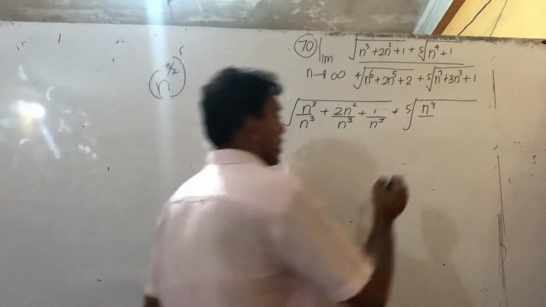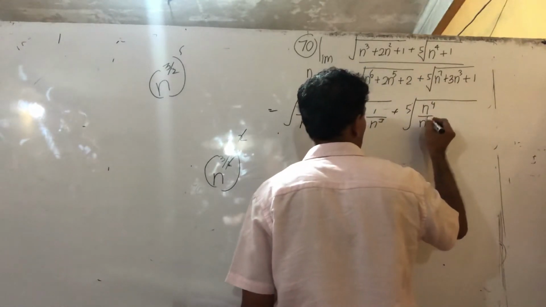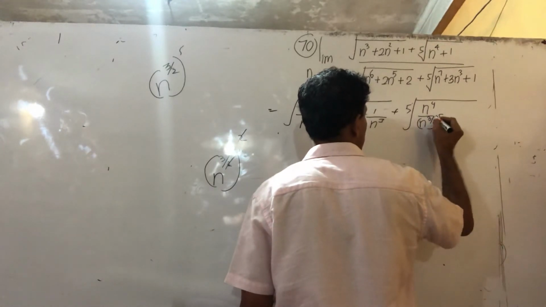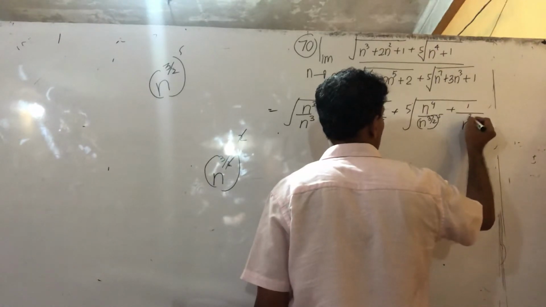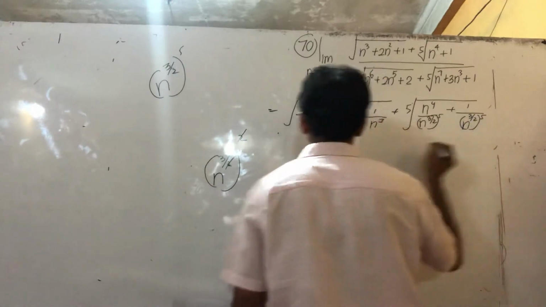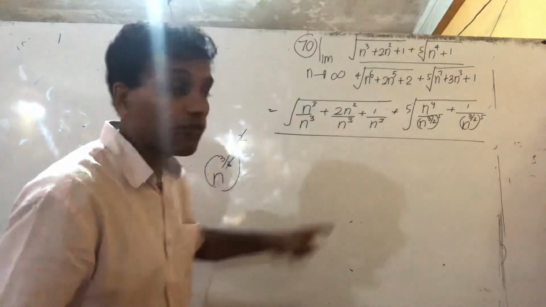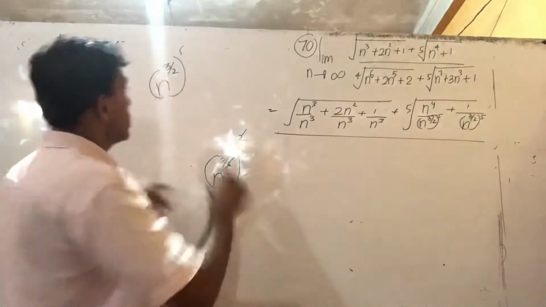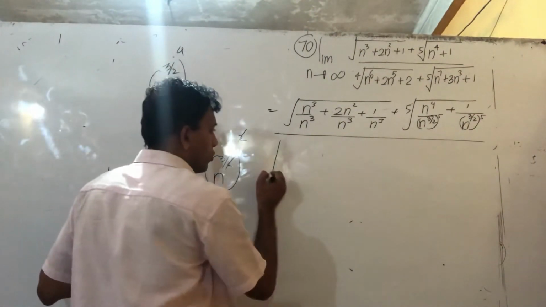You can write that, n to the power 3 over 2 to the power 5, right? 1 over n to the power 3 over 2 completely to the power 5. Check properly. Over 4. How the 4? If you put n to the power 3 over 2 inside the fourth root, it becomes 4, right? Therefore, here 4.